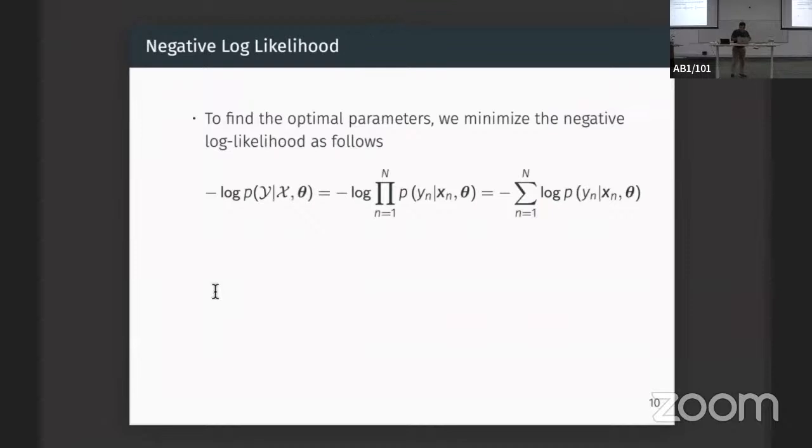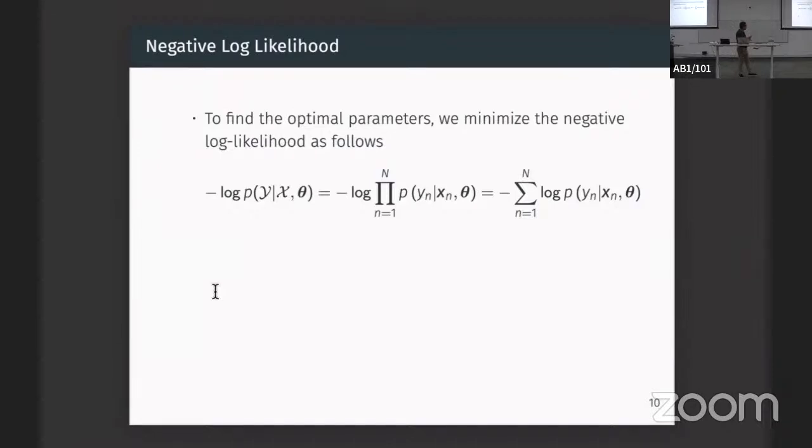So we firstly directly apply the log to the likelihood. We transform this function. We do the negative log likelihood, right? Maximizing the likelihood is the same as minimizing the negative log likelihood, because log is a monotonically increasing function. Maximizing a function and minimizing the negative of it is the same thing.